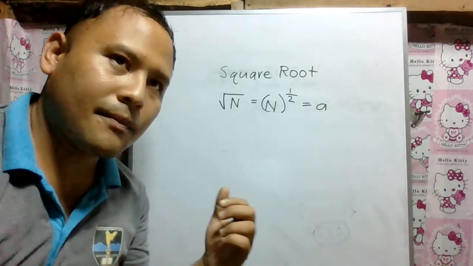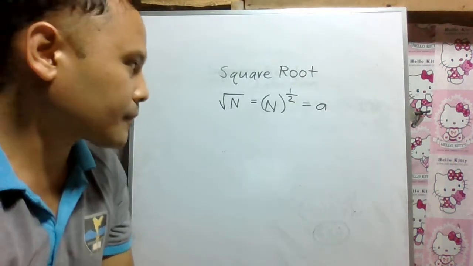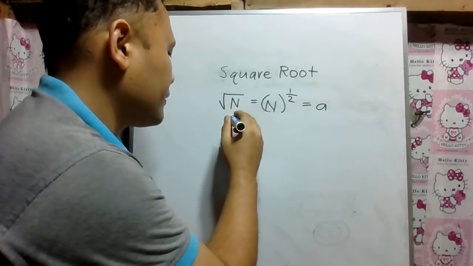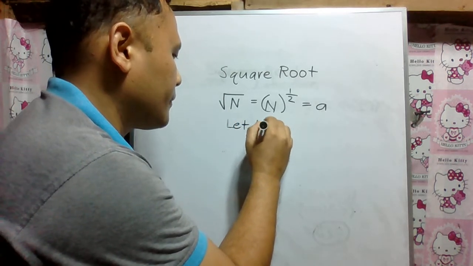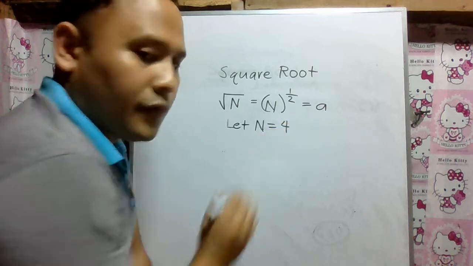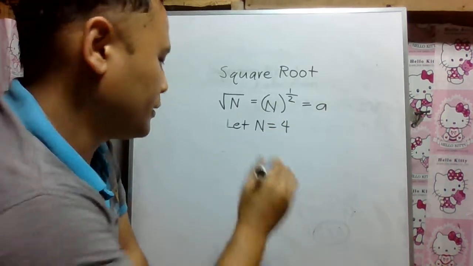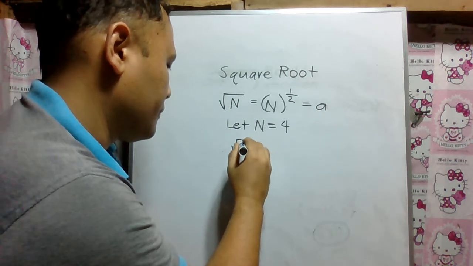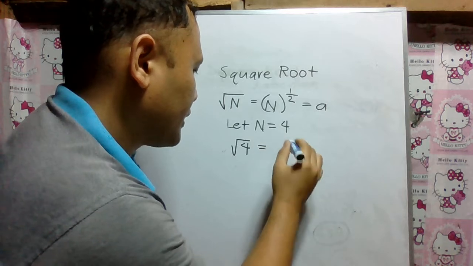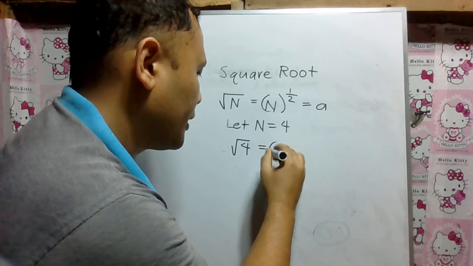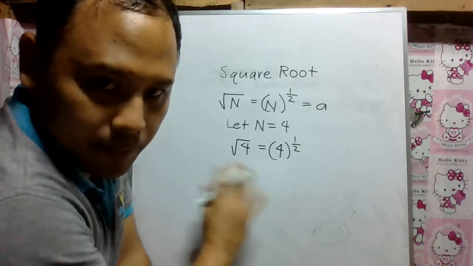So let's have specific examples. Let us say let n equals to 4. So if we get the square root of 4, that also means getting the 1/2 power of number 4. They are the same.